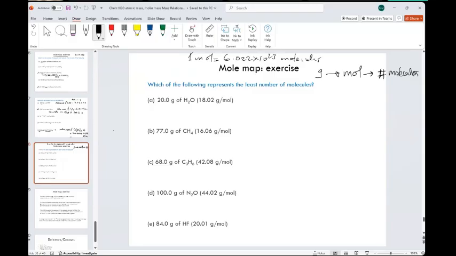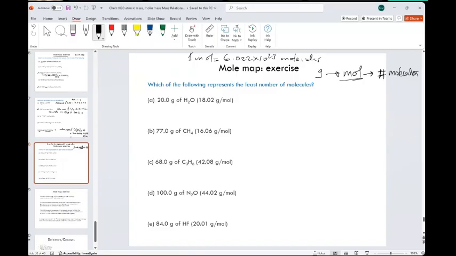So when we find the number of mole, it is easier to find the number of molecules. If number of moles is very less, molecule number will be very less. If number of mole is very high, greatest, then number of molecule will be greatest. Anyone have any question with this relation? Or do you really understand?